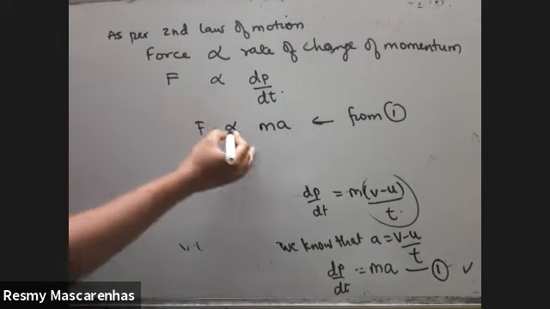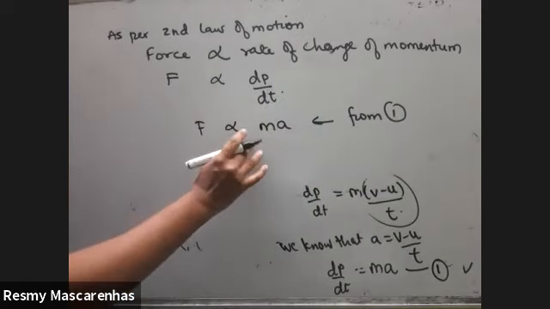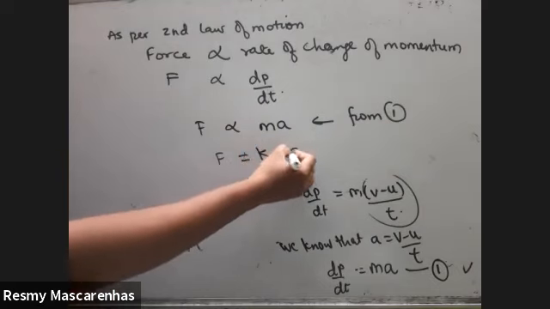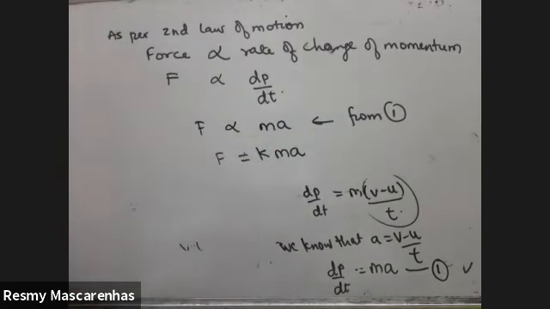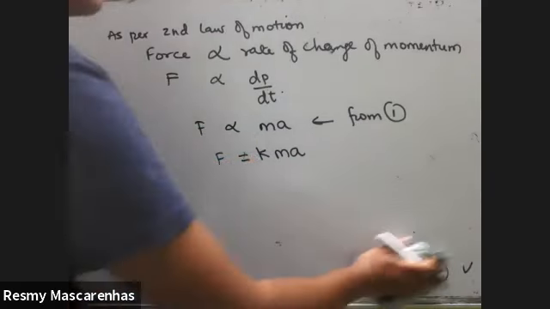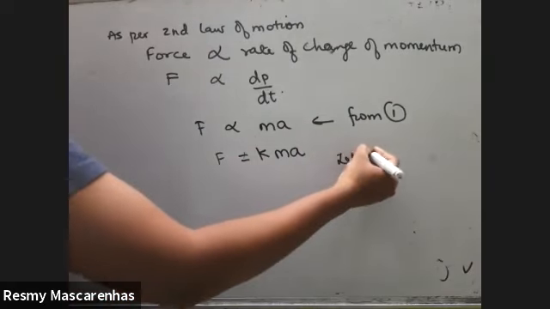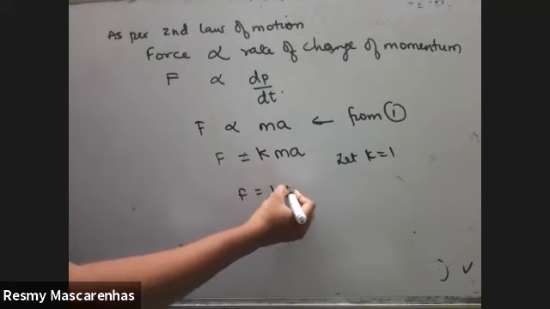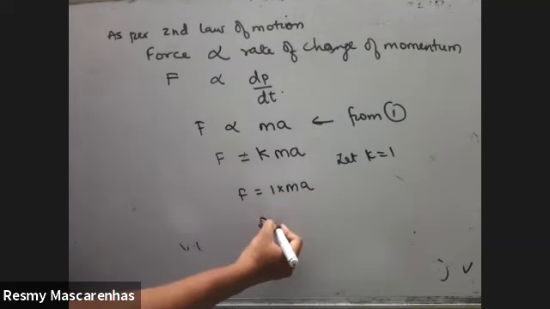We'll just remove this proportionality sign and put equal. Whenever you remove it, we always put a constant. So let k be 1. As per that, force is mass into acceleration.